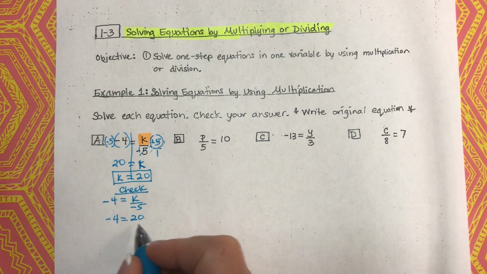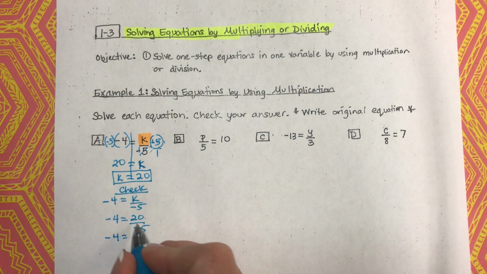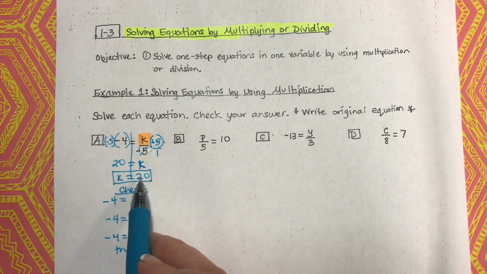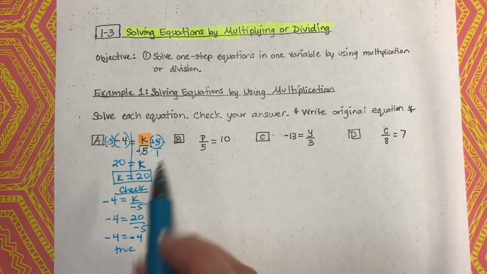Instead of writing k, we're writing 20. And we have 20 divided by -5, which is 4, and a positive divided by a negative is going to be -4, and that's a true statement, which means our solution, k equals 20, is the solution to the original equation.